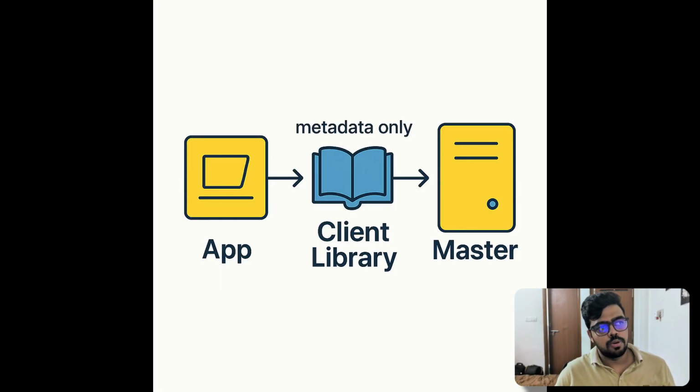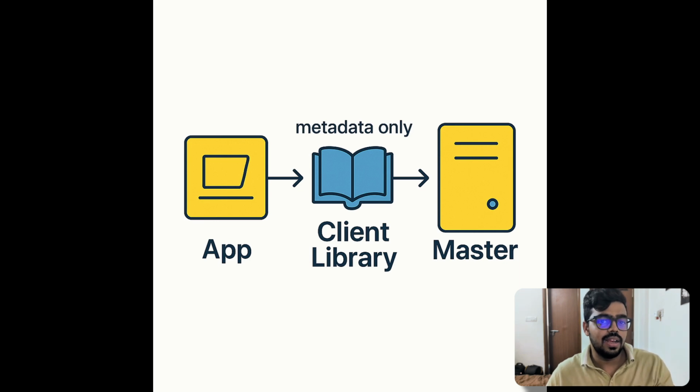Finally, the last important component of the overall Google File System is called the client library. This is linked to Google applications like Search, Gmail, etc. So when an app needs data, the client library first asks the master for metadata. Then the master tells in which chunk servers the data that the client is looking for will be present.